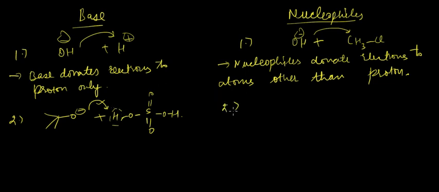But if you take the same example in this case, this will not happen. Why? The reason is that steric hindrance is less effective in acid-base reactions, but steric hindrance is an important thing to be taken care of in the case of electrophilic or nucleophilic reactions.